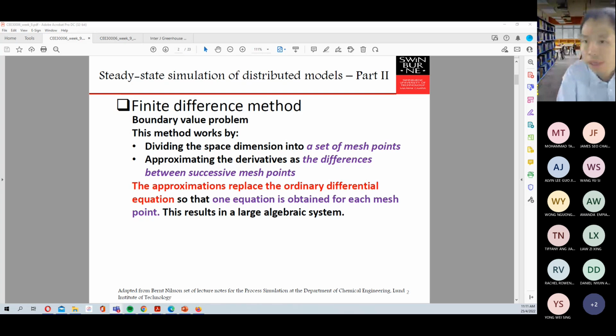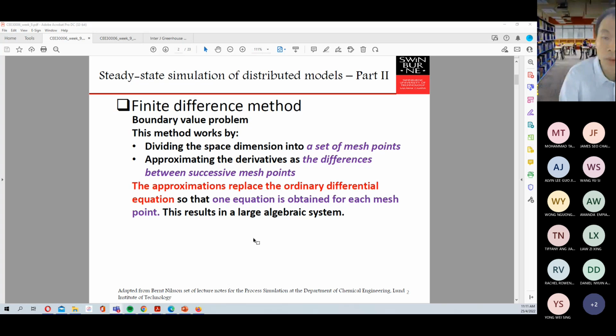Okay. So if we go back again to the finite difference method, we want to solve it for a boundary value problem. So how does this method work? This method works by dividing the space dimension into a set of mesh points. So the derivative will be approximated as the difference between the mesh points.